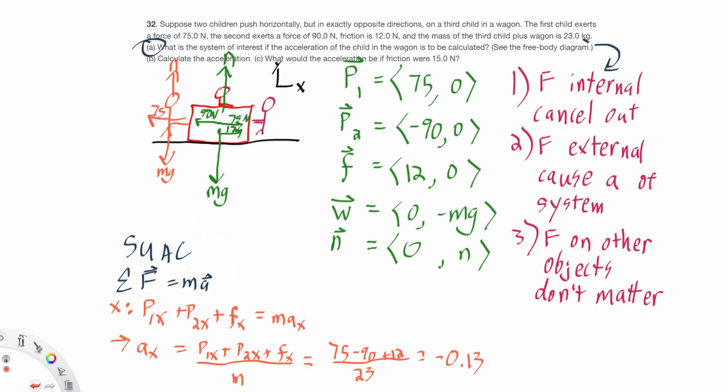Any questions? Eric, so we're just assuming friction is pushing to the right here. So yeah, at the beginning of the problem, when we were writing down our forces, I noticed that we had 90 newtons pointing to the left, 75 newtons pointing to the right. So if there was going to be movement, the movement would be to the left, and friction goes against movement. So friction's going to go to the right.